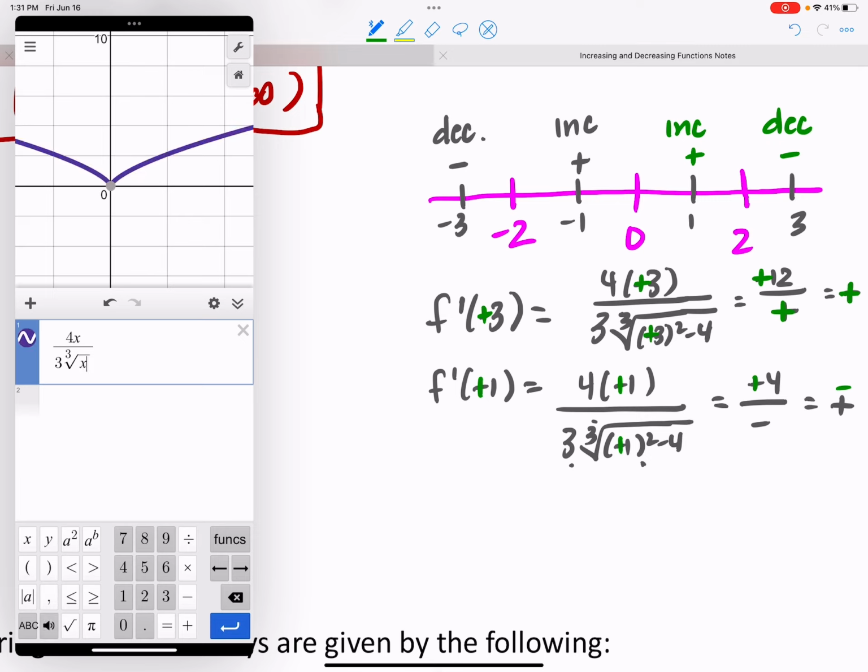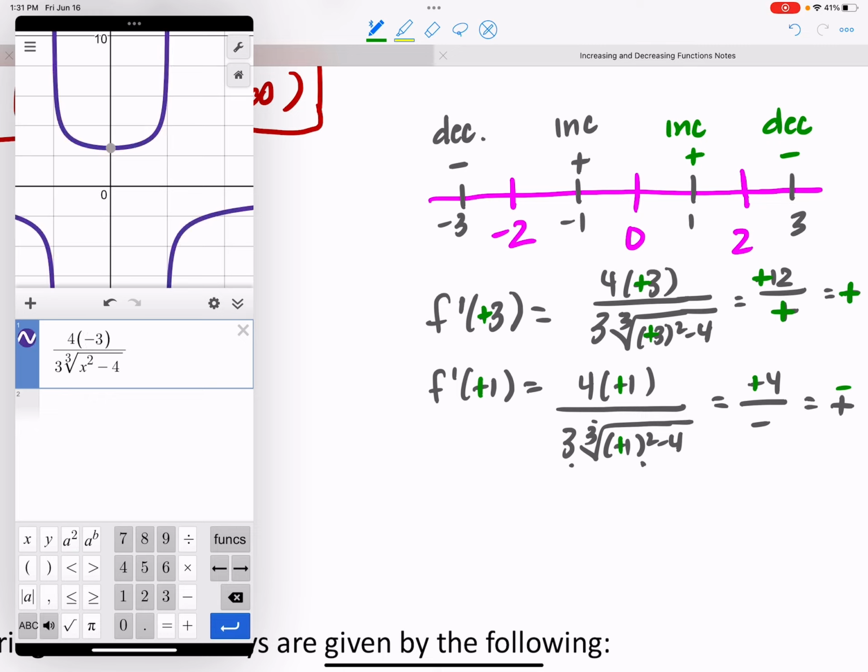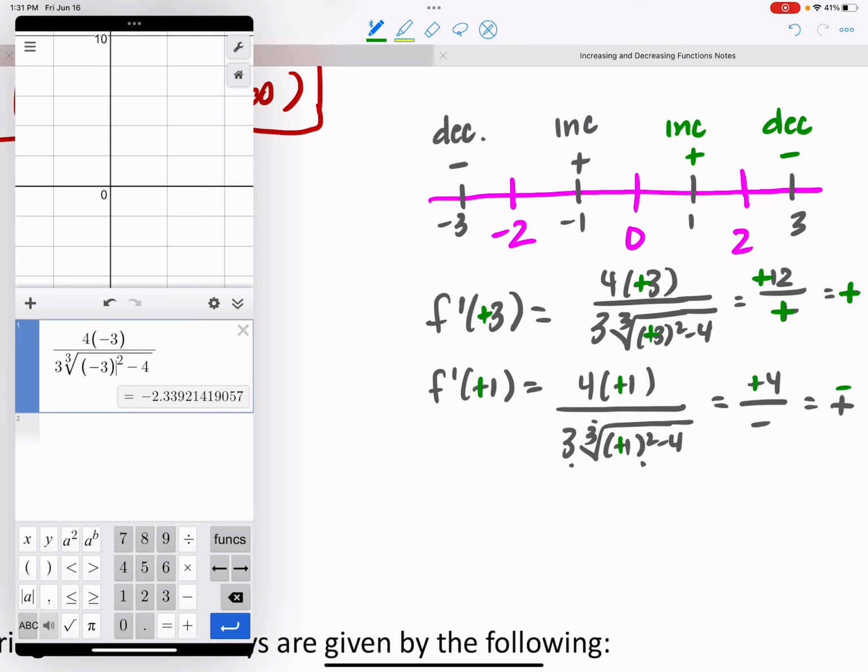Okay, so here, now if you have your function and you just want to plug the numbers in, let's just put the negative 3 in there, and then again you can see that I got a negative result, and then I can just swap this negative 3 out with a negative 1, and I can see my positive result, and then I can get rid of this negative here, and I can see my positive 1.